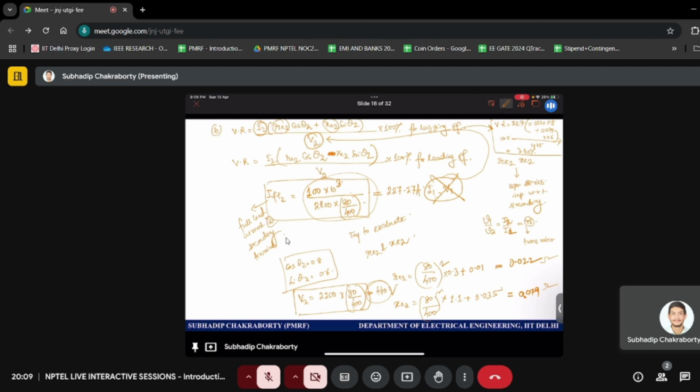So another thing I want to tell you, if you wanted to keep this as RE2 and XE2, without that you could have kept it as RE1 and XE1. How do you know? Then there will be a factor of turns ratio square, which will scale this current and this voltage to V1 and I1 that I was telling at the beginning.